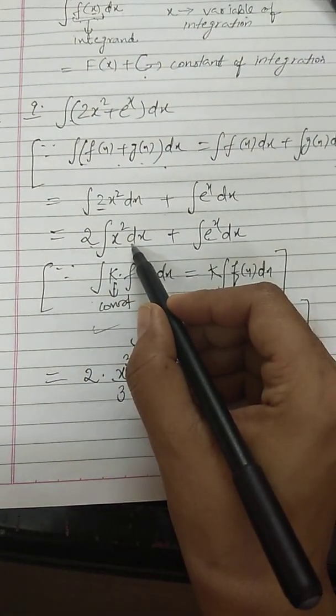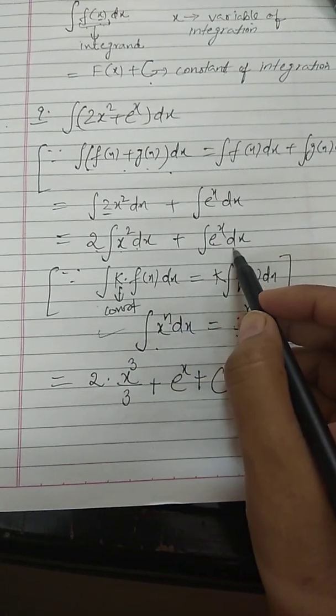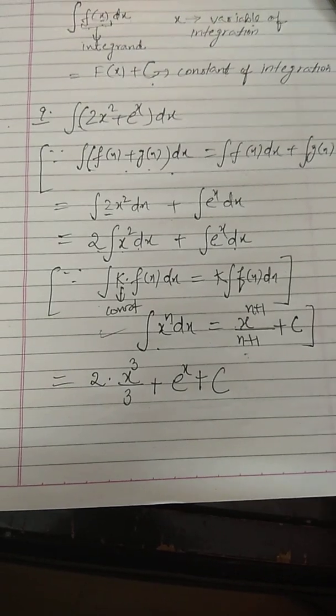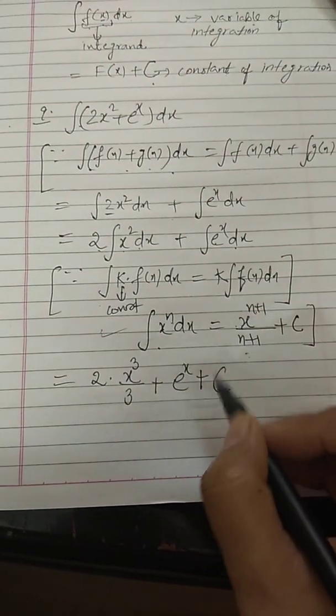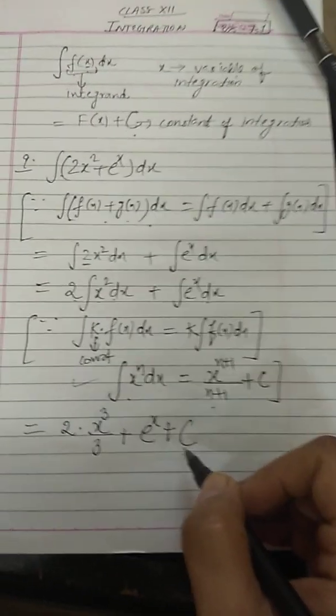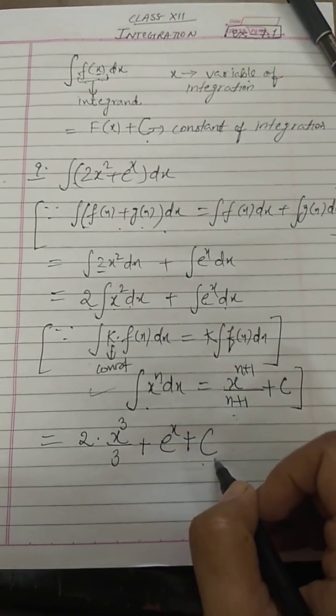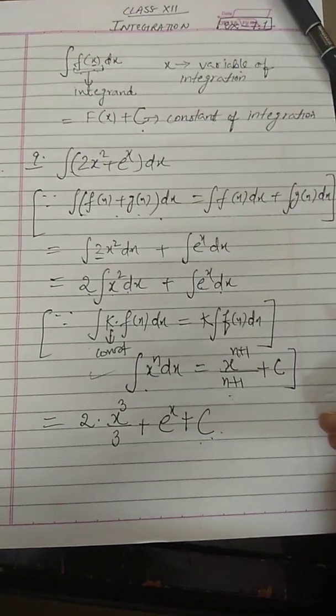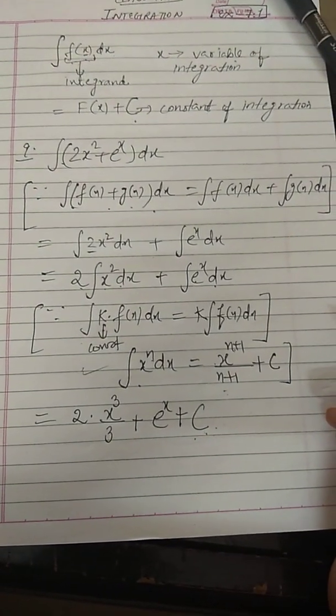When I solve each integral I get one c each, and both are constants. When I add two constants, it is again a constant only, so we write that constant in one step, the last step. So this is sum number 9.